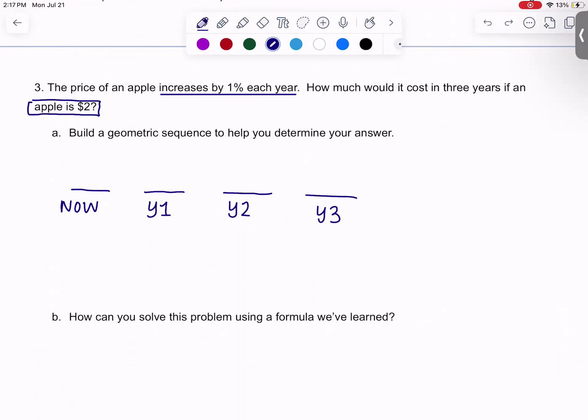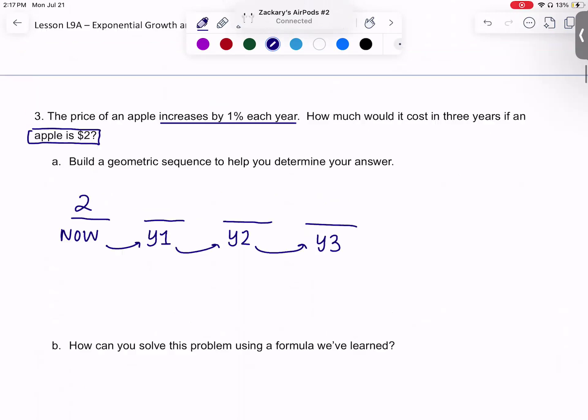We know right now it costs $2. It's increasing by 1% each year, underline that. And that's another way we've learned how to work with percents in middle school. Percent increase. If it's increasing by 1% each year, we shouldn't multiply by 1%.